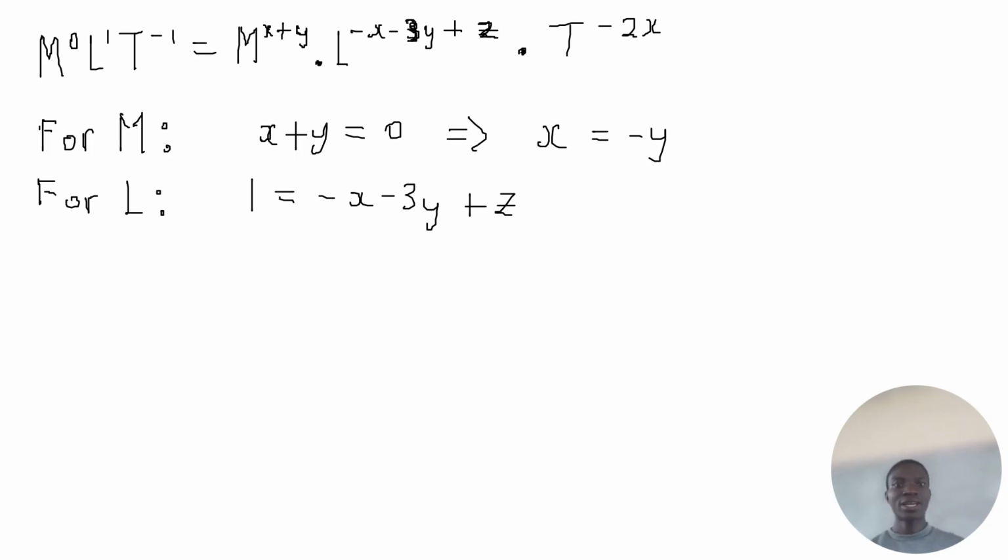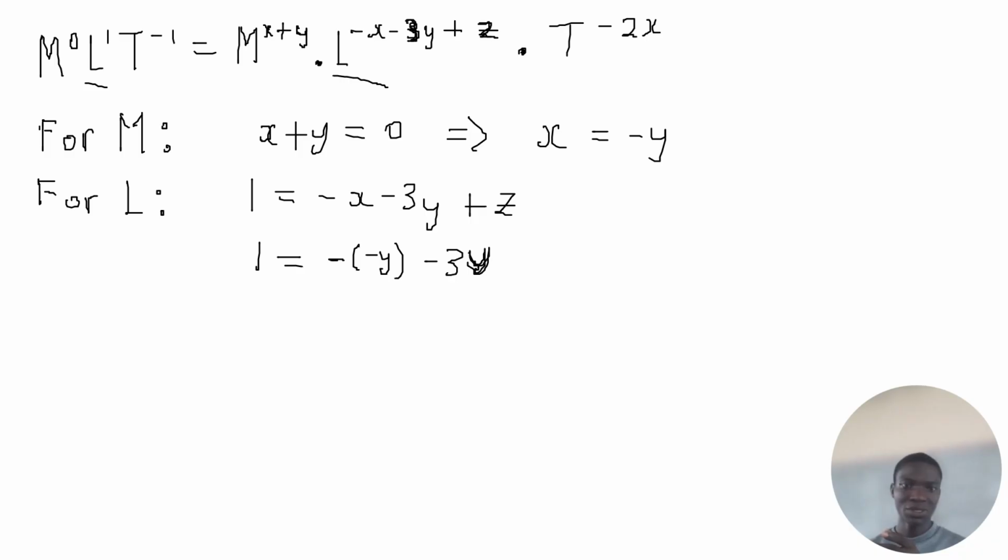The exponent of this is equal to this. Maybe we should try to simplify this. Since x equals minus y, if I put it here, then I have 1 equals minus x is minus y, so that will be minus minus y, now minus 3y. Oh sorry, this is y.